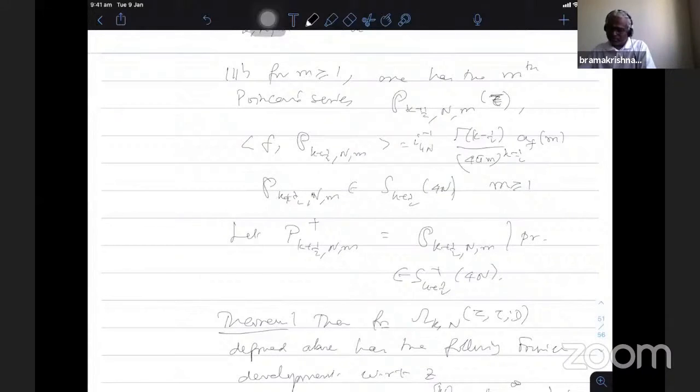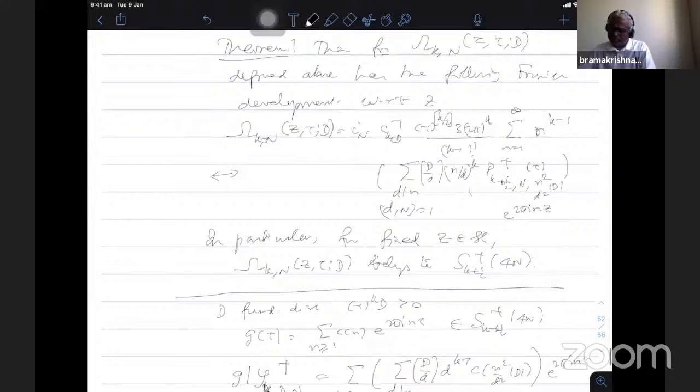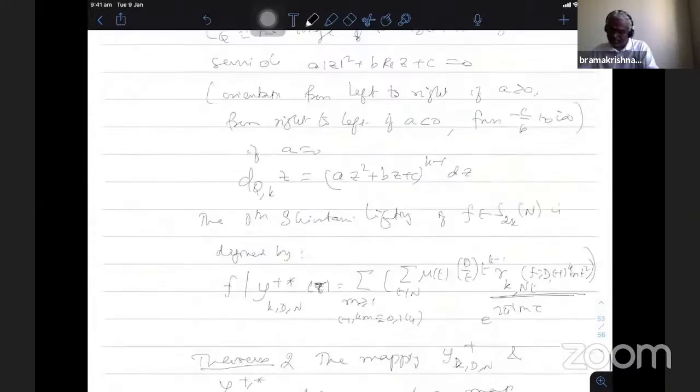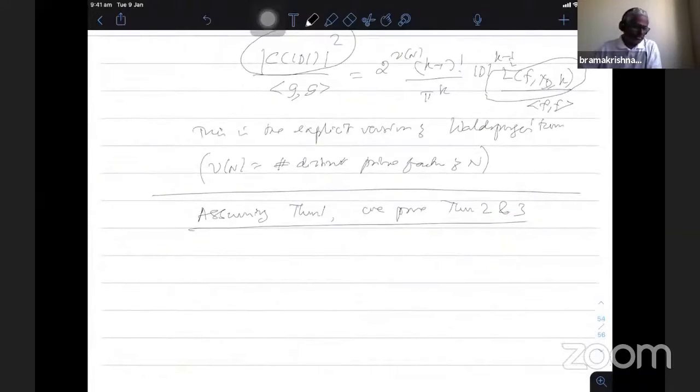So once you use this, if I take the inner product, I have the n square by d square mod d, the coefficient of G comes out along with this constant. And then if I simplify it, I get it. I'm just making use of only the characterization of the Poincare series.